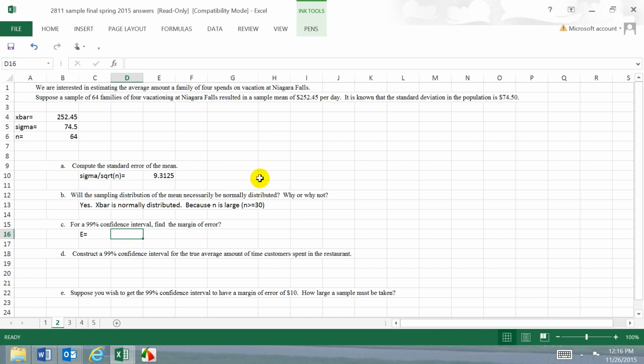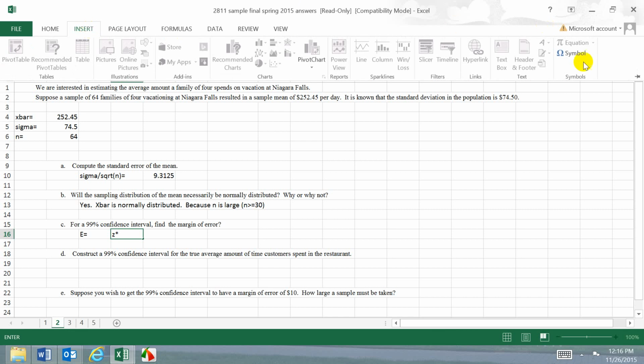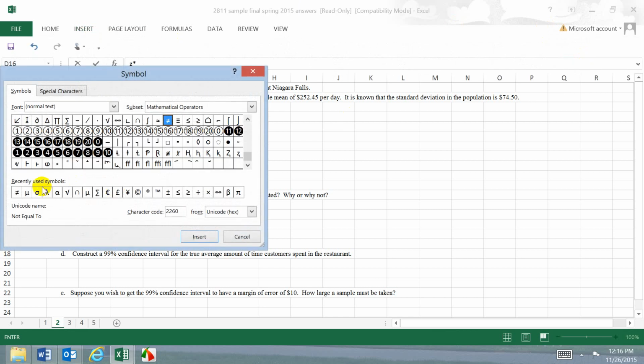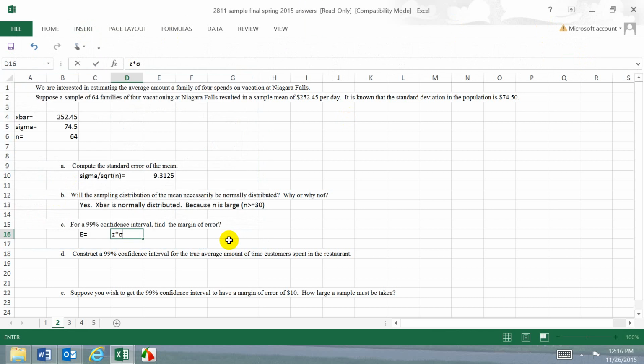Another way of saying that is z times sigma over the square root of n. Since sigma over the square root of n is the standard error, it's really z times the standard error. Think of it either way.